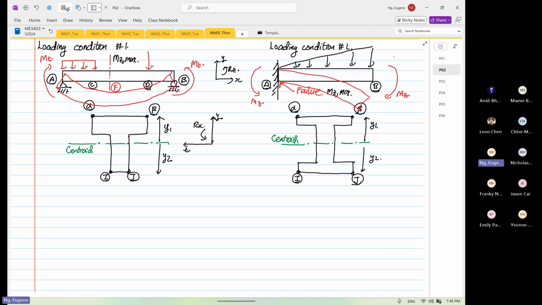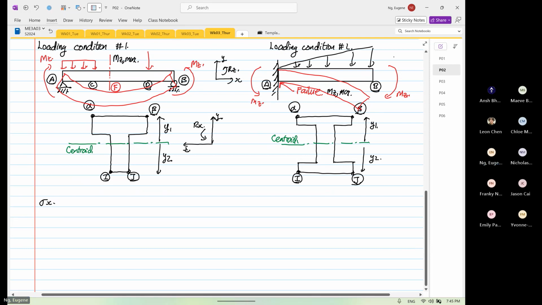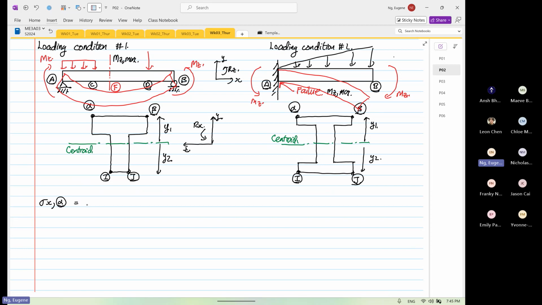If you look at the left-hand side, loading condition 1, stress X at point alpha is equal to minus Mz over Izz multiplied by y1.